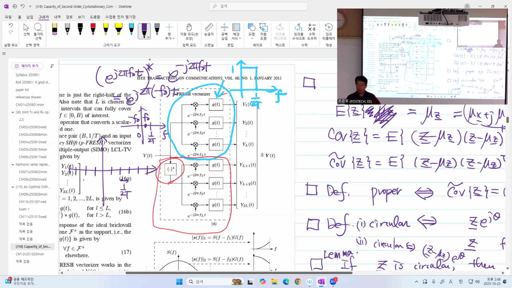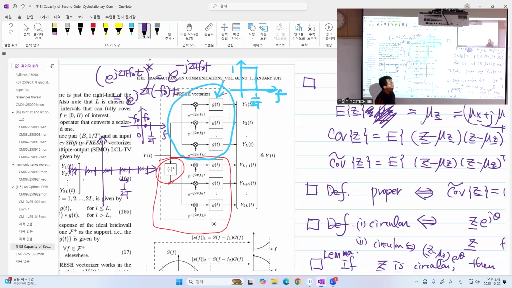Now what will happen? This one, that one, so every other frequency band will appear on the upper part, right? And all the other ones will appear in the lower part after being conjugated and something like that. Got it?